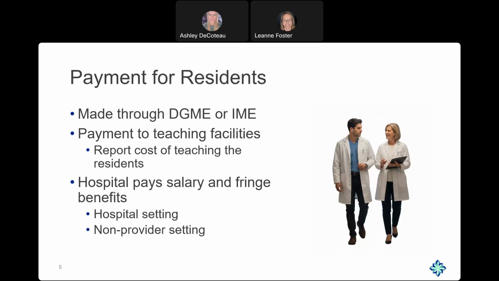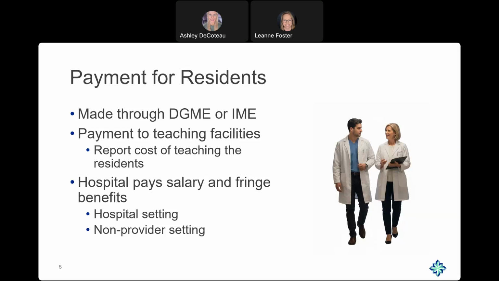Then the facility is responsible for making payment to the resident for their salary and fringe benefits for services provided by the resident in the hospital and non-provider settings, such as a clinic.